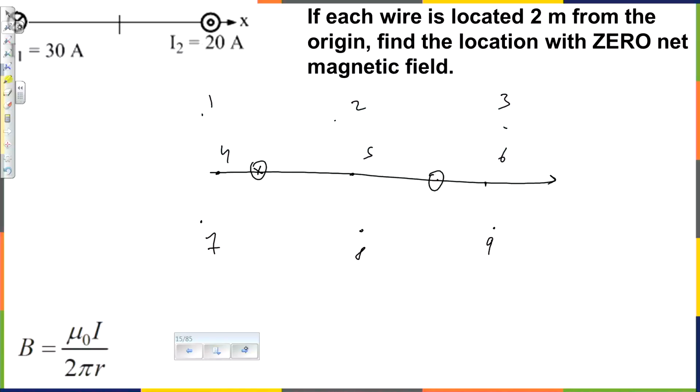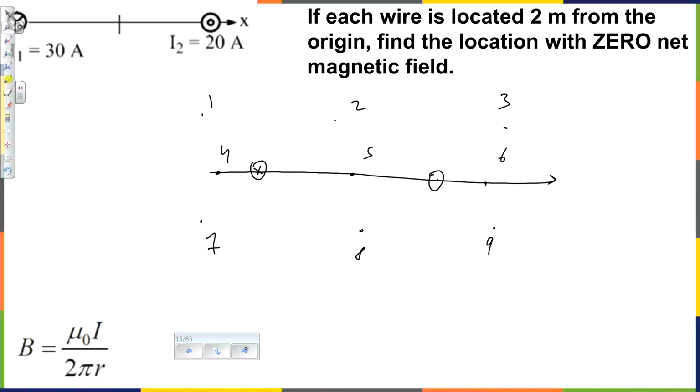So please, anybody, tell me which location would you want to try? Which? 5. A very reasonable choice. 4, 5, and 6 lie on the same line. Others probably wouldn't work because of the angles.